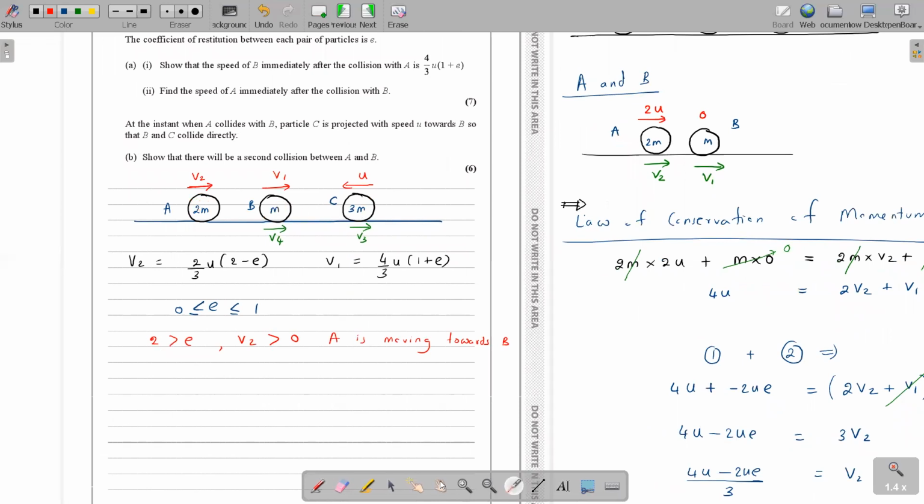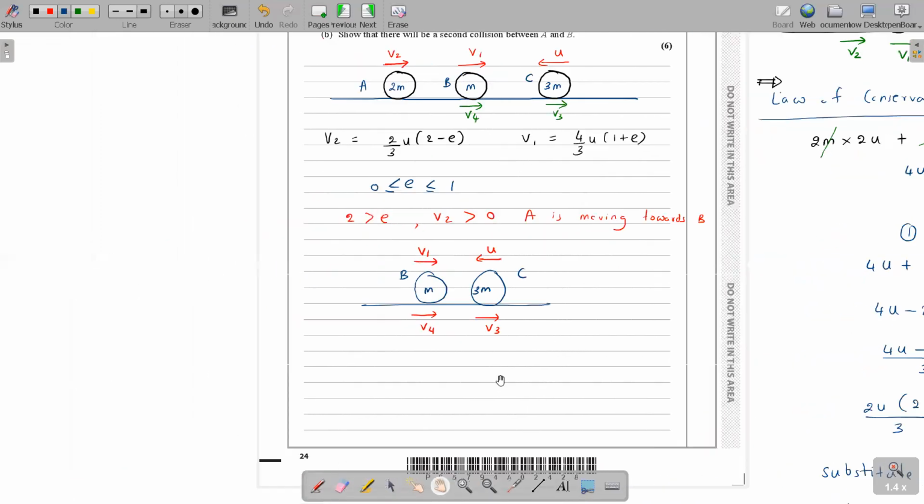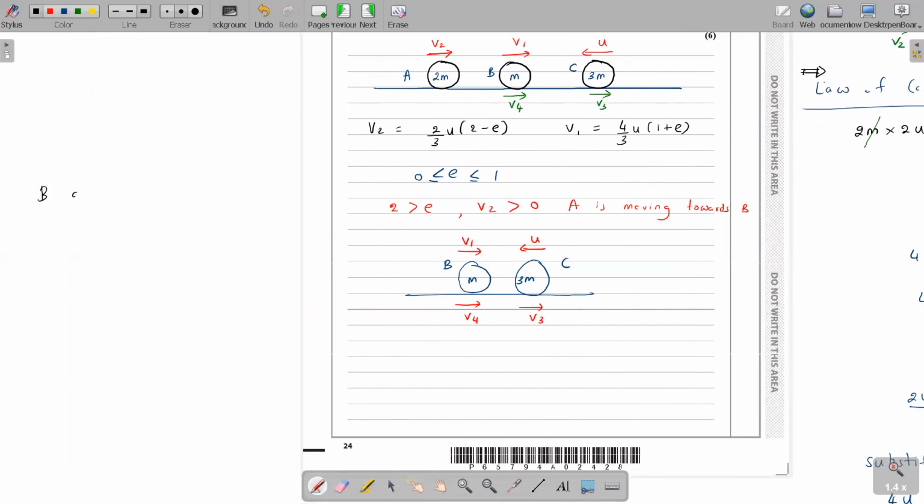Okay, it's time to work with B and C. Let's work with the collision between B and C. They have v1 and u. This is the speed of collision. This is 3m. Let's work with the law of conservation of momentum, taking B and C. By the law of conservation of momentum, I'll choose right side as positive.